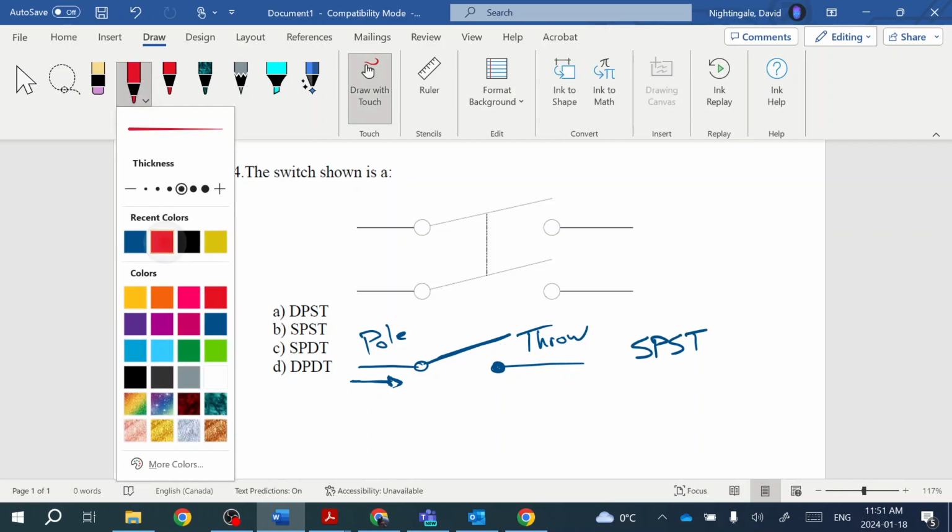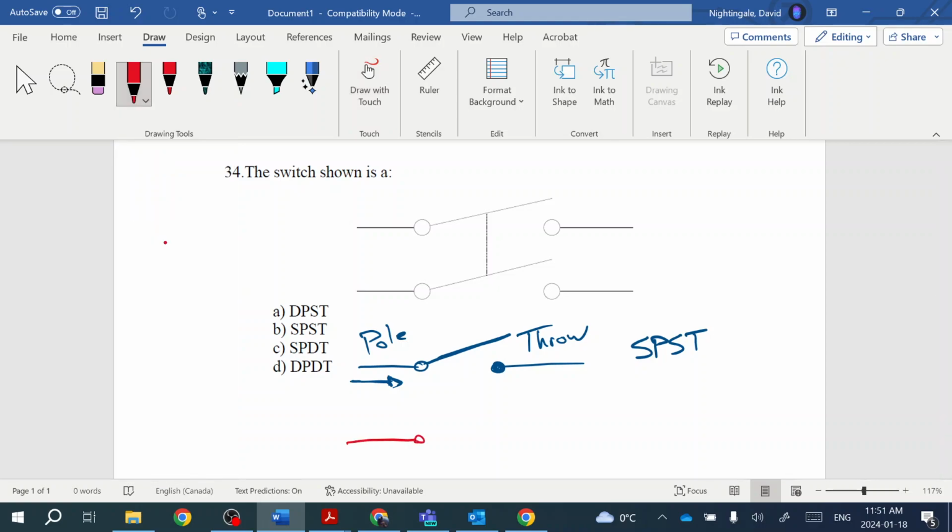Okay, so that is single pole, single throw. Now, if we go single pole, double throw, again, we're going to have one path for current. That's our pole. But this time, we have two positions that the actuator can turn to. We have this one common that the actuator pivots on, and it can be connected to that point there and that point there.